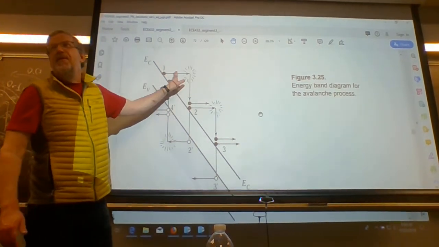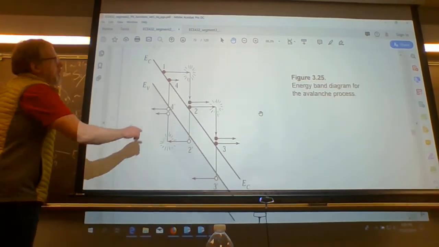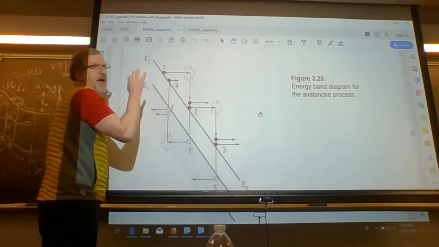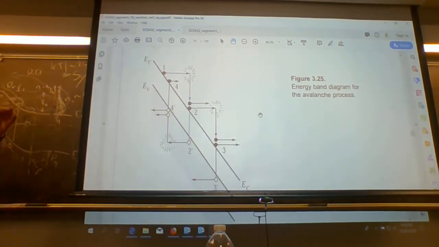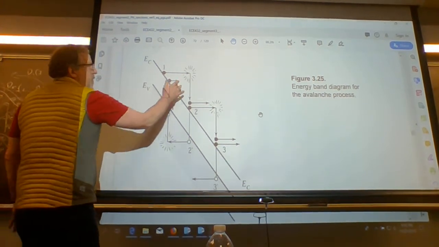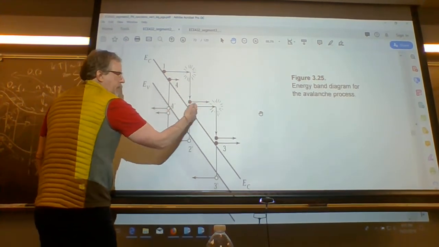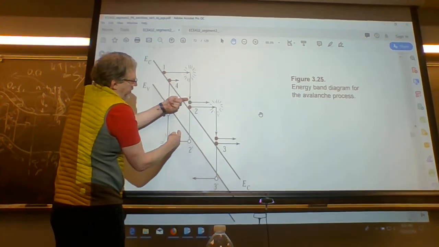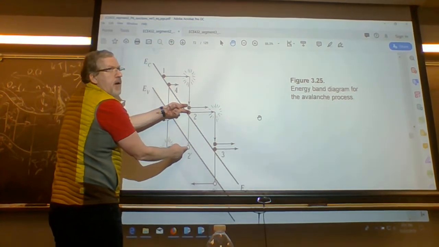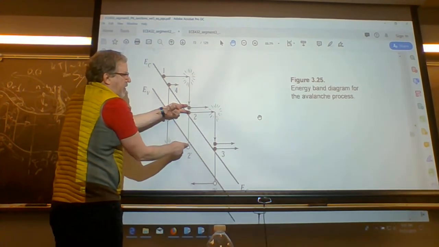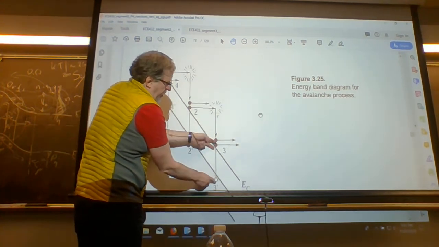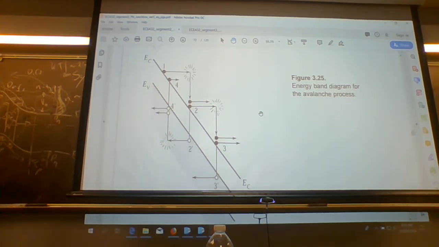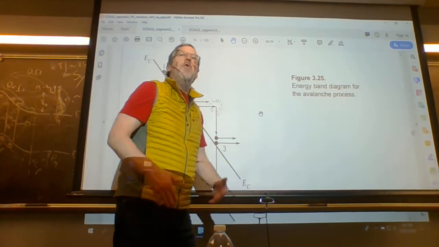And so you're hitting a kinetic energy where this thing is accelerating so much that when it hits and scatters off the lattice, it's delivering enough kinetic energy that if it's equivalent to the band gap, it can create another electron-hole pair. So one electron in creates two electrons out and one hole out. So one carrier creates three carriers, right? And so it cascades like that. So this is the avalanche. So avalanche, it's like Chernobyl.